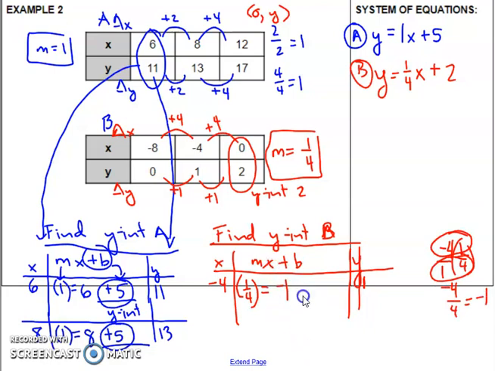Okay, so -1, I'm trying to get to +1, right? And if you get confused with your negatives and positives, from -1 to 0 is 1, from 0 to 1 is 1, so I have to add 2 to get to positive 1. My y-intercept is 2. Okay?